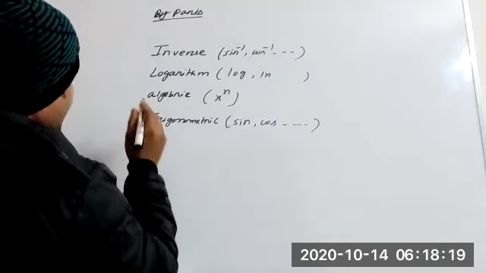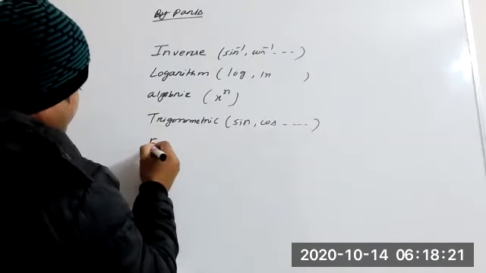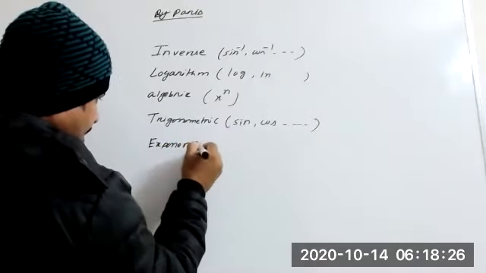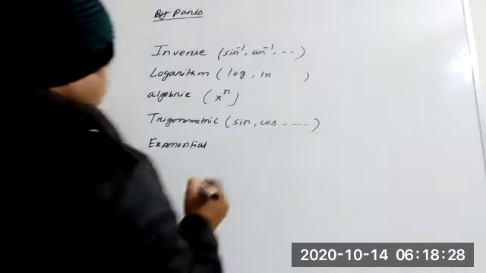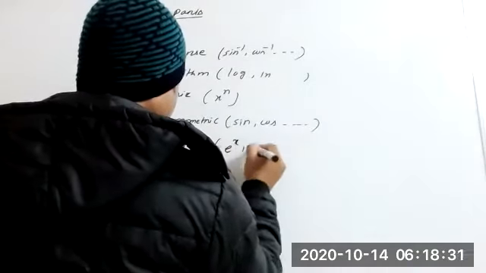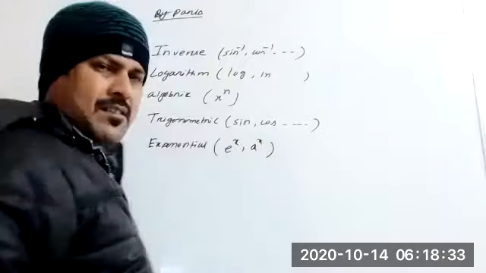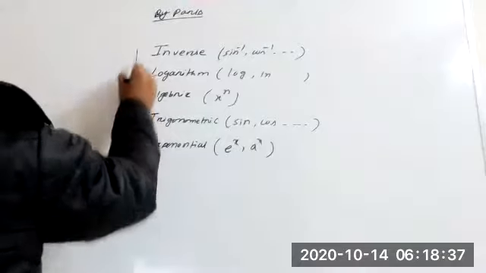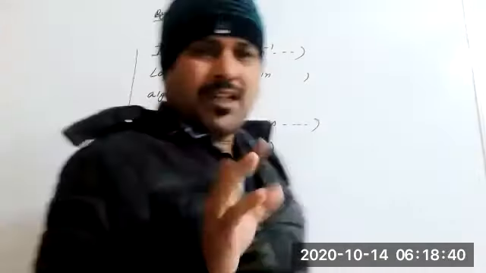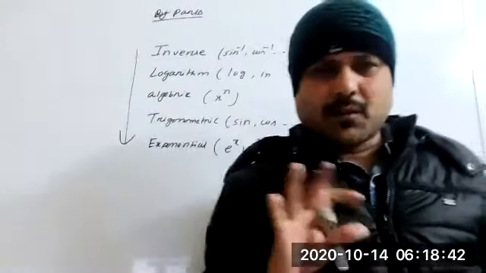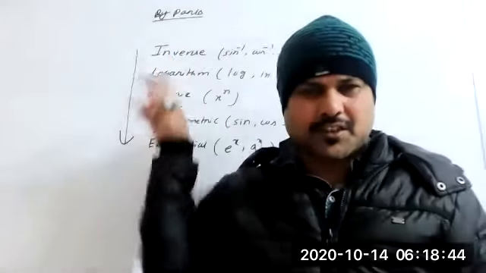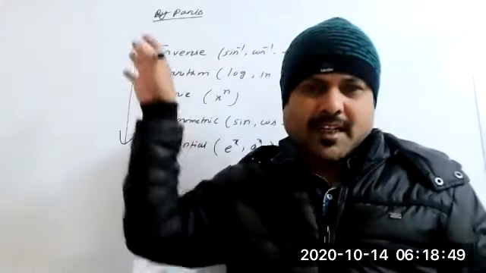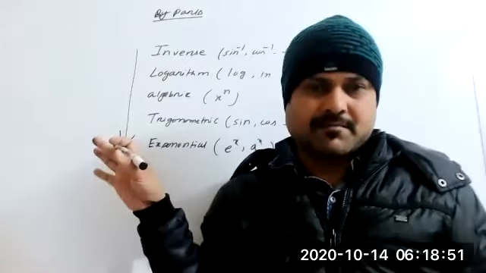ILATE, E is exponential. Then these are e to the x, right? So you have to position u and v according to this order, top to bottom.